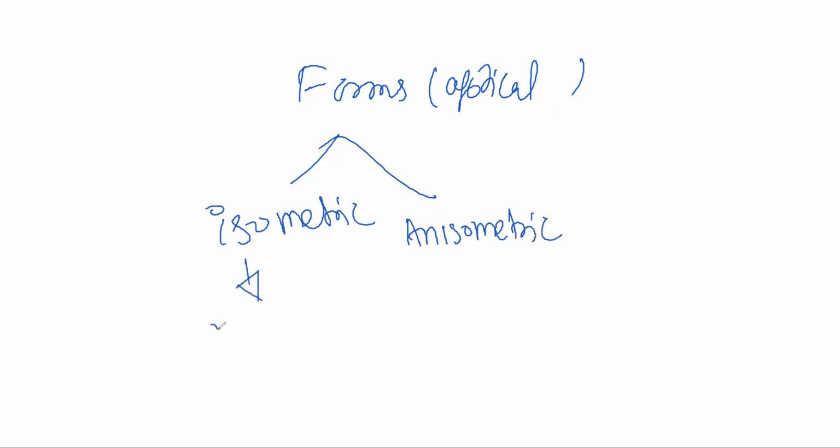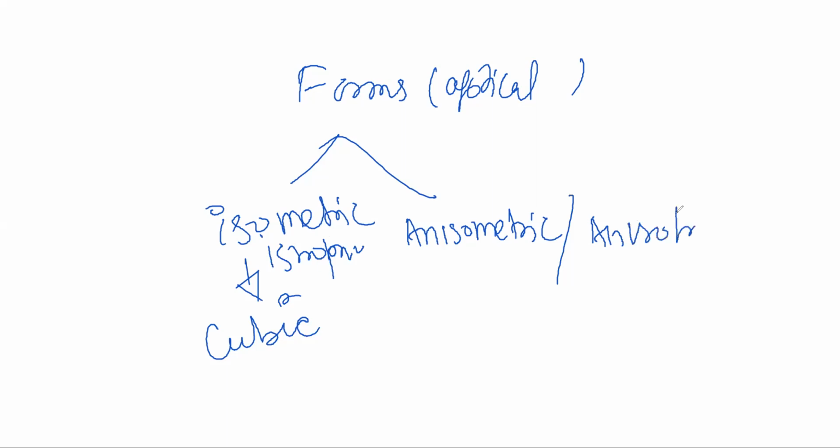Isometric mainly is the cubic system, and anisometric or anisotropic. Iso means always remember the same. Metric means configuration. Tropic means optical property. Similar optical property and similar shape in each class. So mainly the cubic system forms are known as isometric forms, and anisometric forms are the rest.